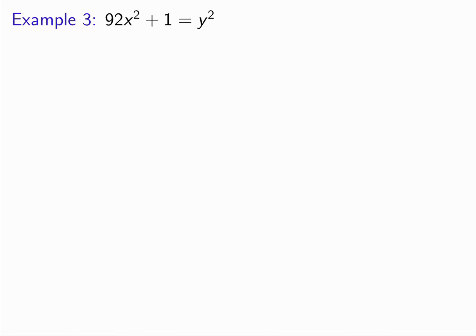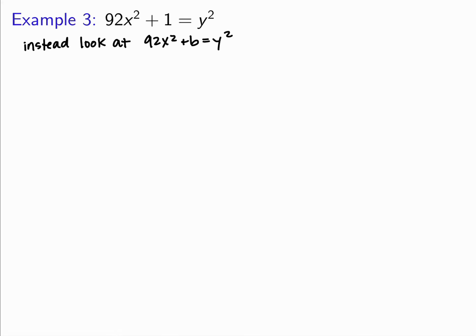All right, so let's instead, kind of like what we did before, look at 92x squared plus b equals y squared, and we'll find an answer for some other additive b, and then we'll adjust from there. So let's find something that works. I'm going to keep up with that method.